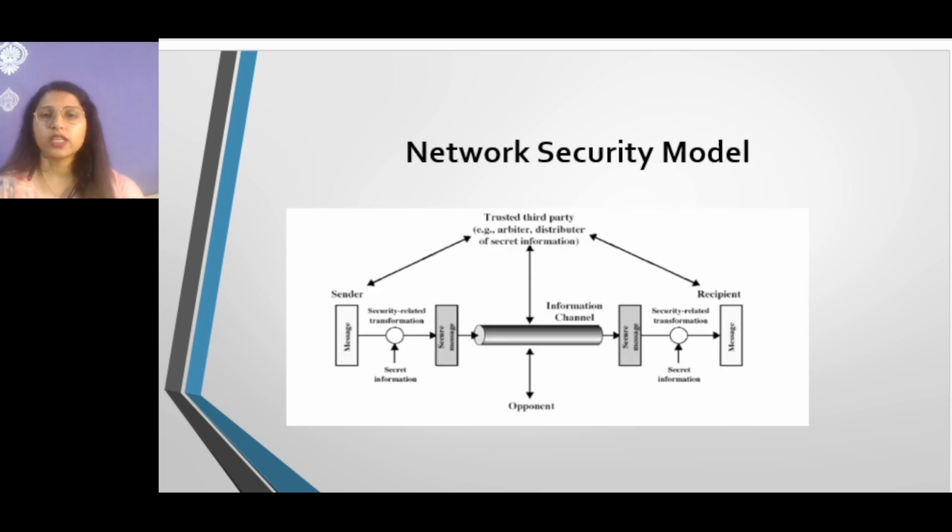If you take a look at this model, a sender is going to send the data to the receiver. Now the sender will not send the data in plain text across the channel, because if it is in plain text, it is open to attack. So it will transform the data into some kind of scrambled information. It will perform some kind of encryption technique. Not only encryption, there are various kinds of methods through which you can protect your data.